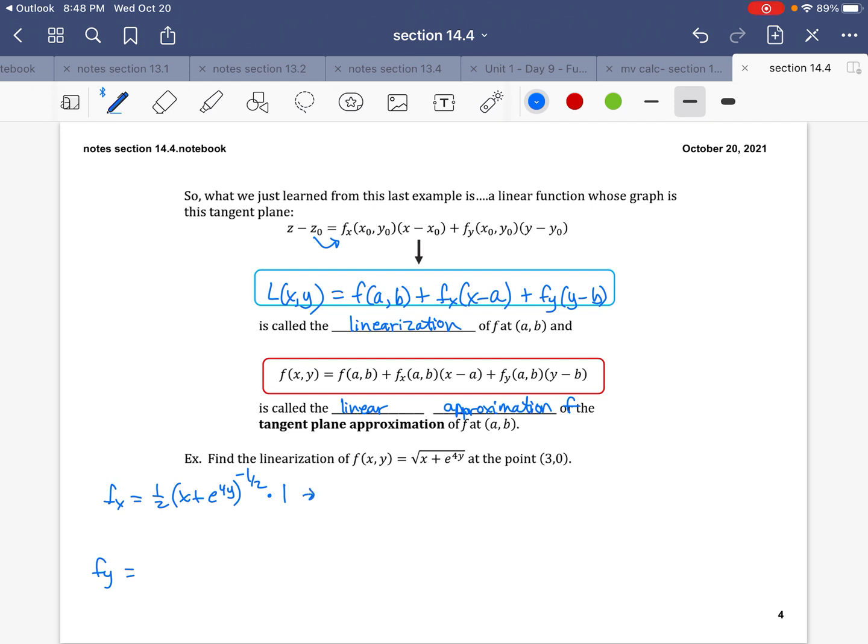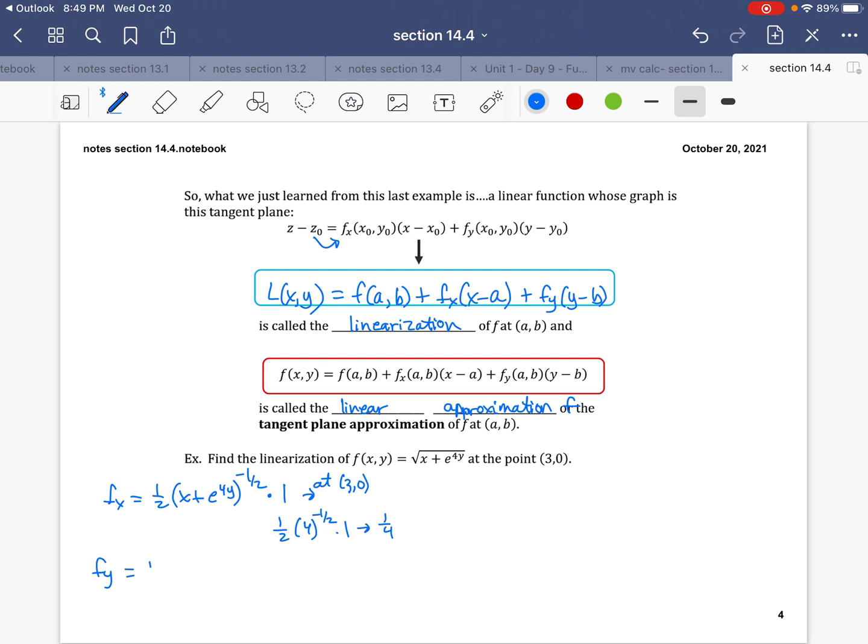And so I'm going to have to actually plug in, so at 3, 0. So if I plug 3 and 0 into here, I end up getting 1/2 times 3 plus e to the 0, so 3 plus 1 is 4 to the negative 1/2, and then times 1. So that's 1/2 times 1/2 times 1, so that would be 1/4.